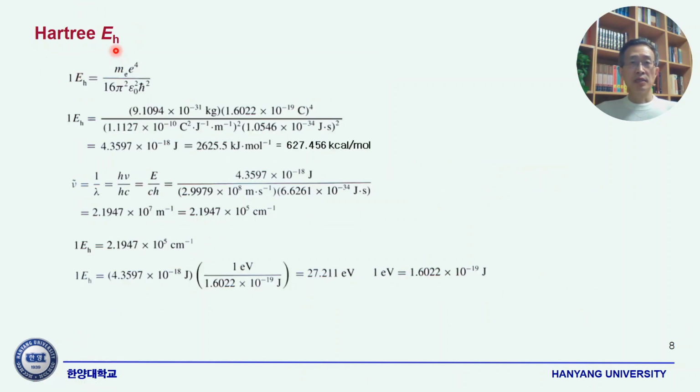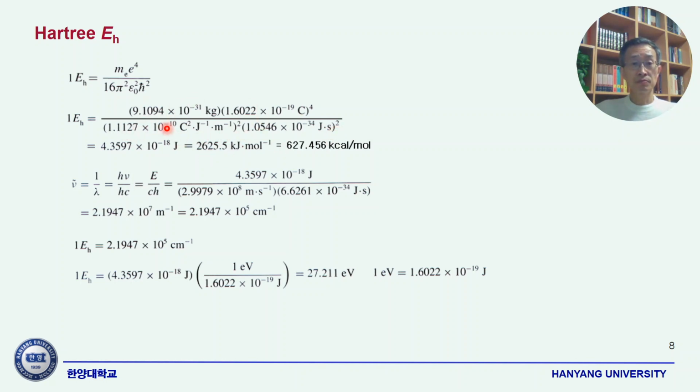Okay, I told you that Hartree is a big number, a very big energy. So these are all the constants. You put the electron mass in kilograms, the electron charge in coulombs, and the rest are just numbers with pi. Actually, 4 pi epsilon naught, the permittivity, is here, and permittivity squared, and then h bar is here, and h bar squared too.